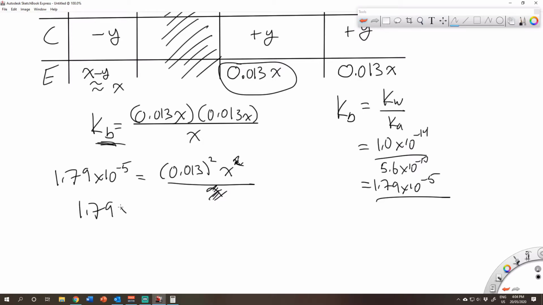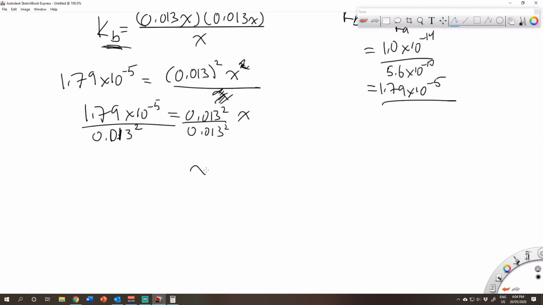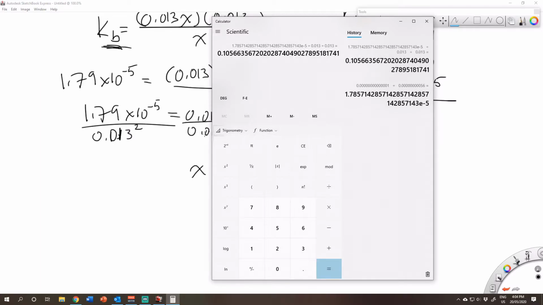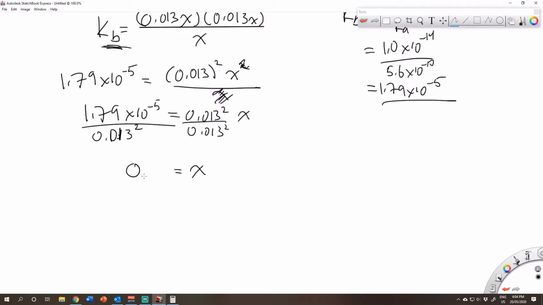So we get 1.79 times 10 to the negative 5 equals 0.013 squared times X. So we just divide by 0.013 squared, and that will give us our concentration for X. On the calculator, X is approximately 0.106. There's the original concentration of NH3.